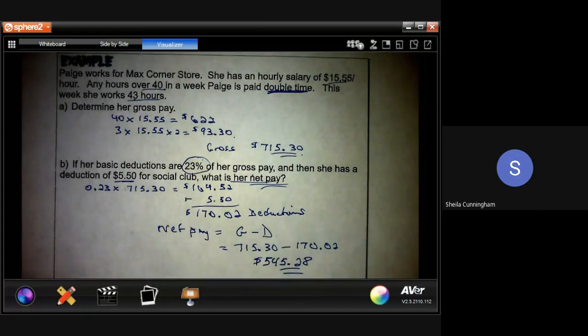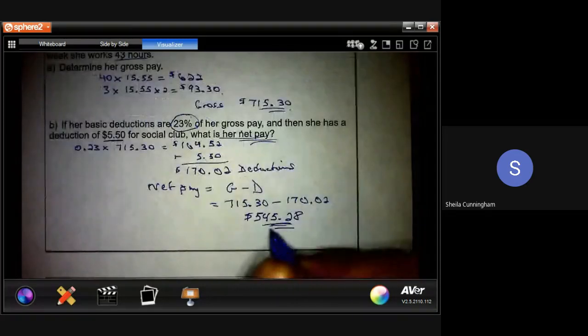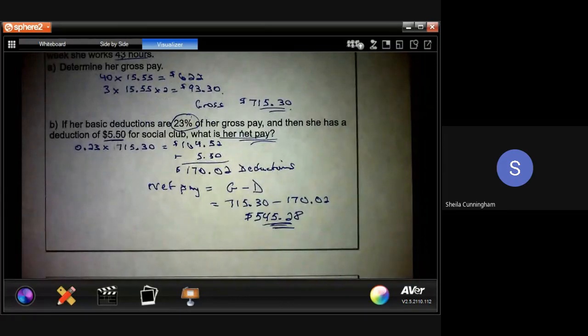So that is what she is actually taking home. That's what's getting deposited into her account, or that's what her check is going to be.